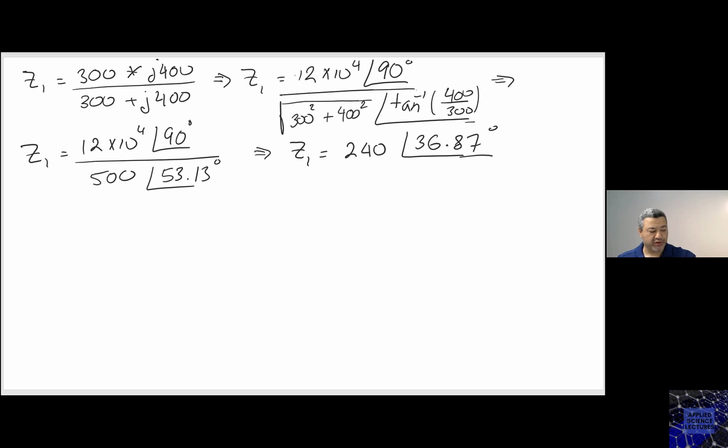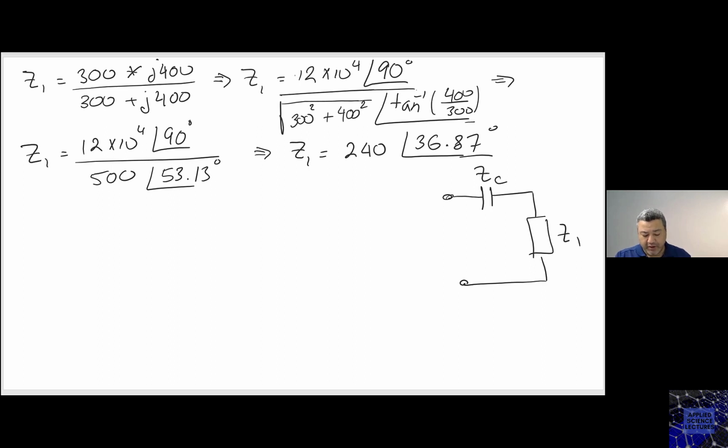So this is Z1, the equivalent impedance for the resistor and the inductor that are in parallel.